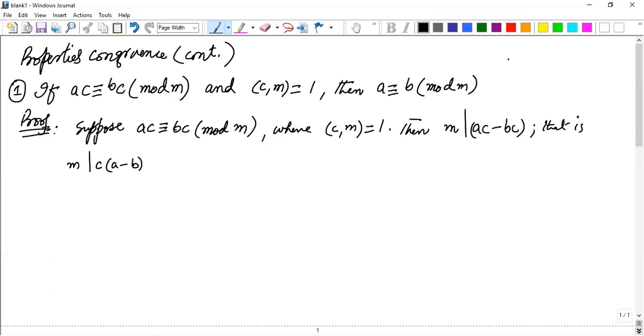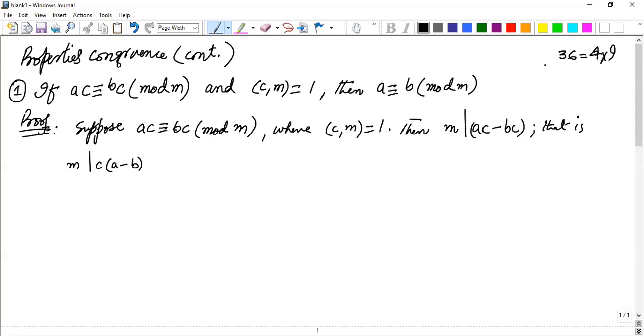For example, if we have a product 36, this can be written as 4 times 9.